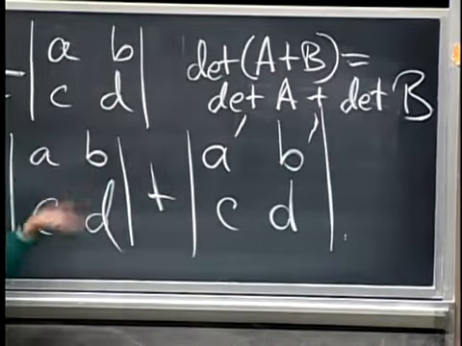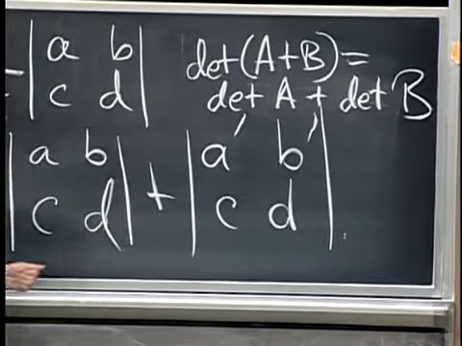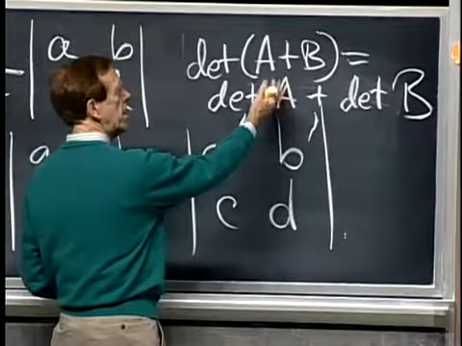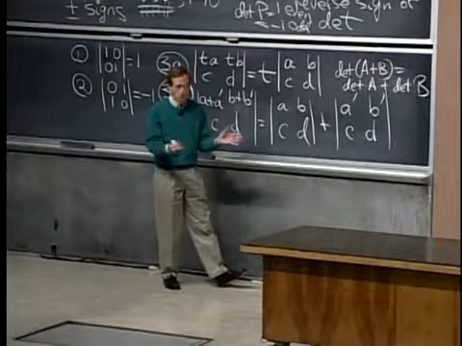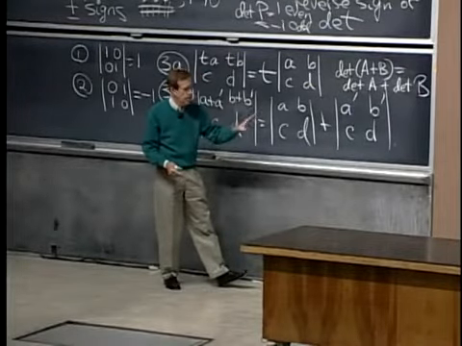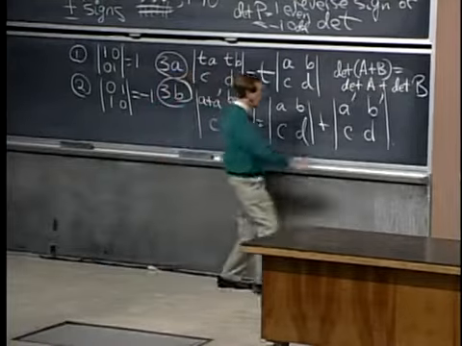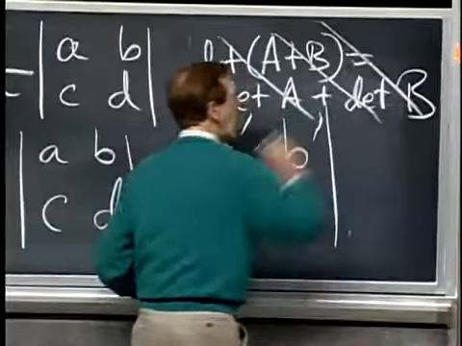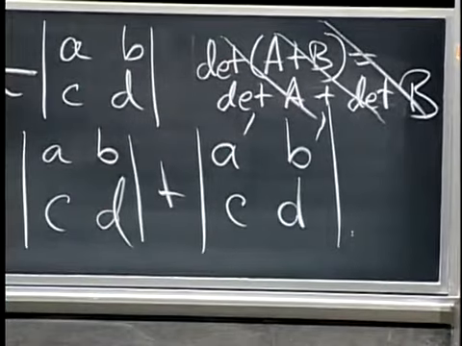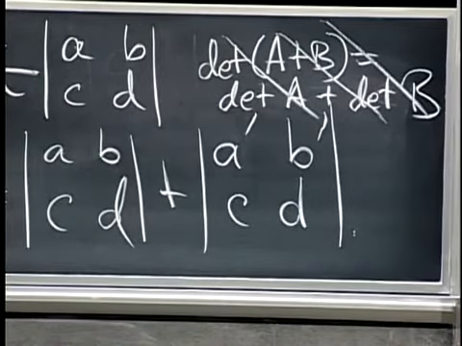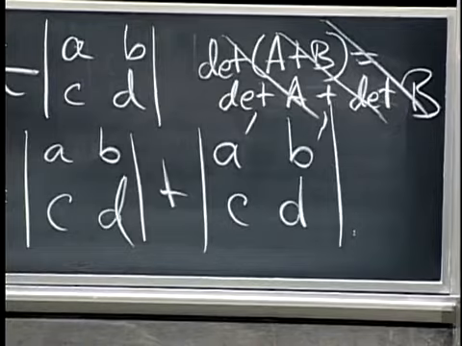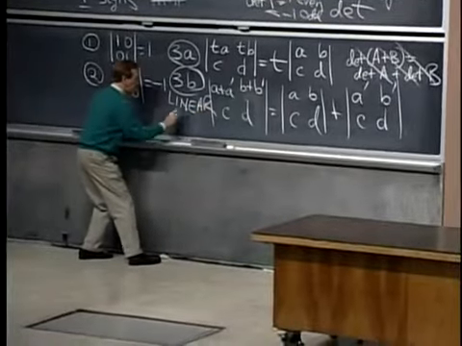How do I get it onto tape that I'm not saying that? You see, this would allow all the rows, A to have a bunch of rows, B to have a bunch of rows. That's not the linearity I'm after. I'm only after linearity in each row, linear for each row.